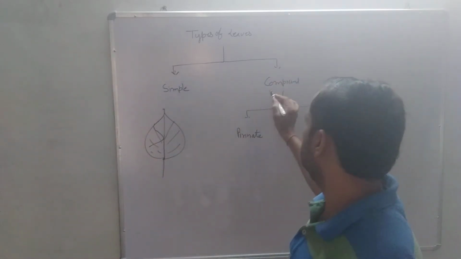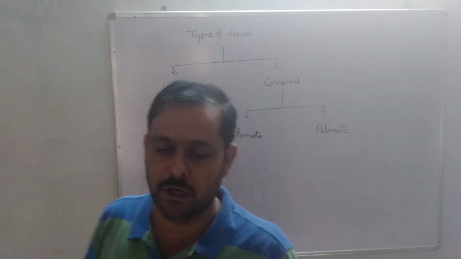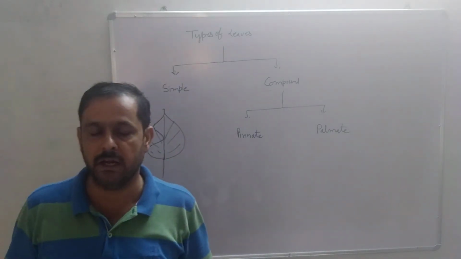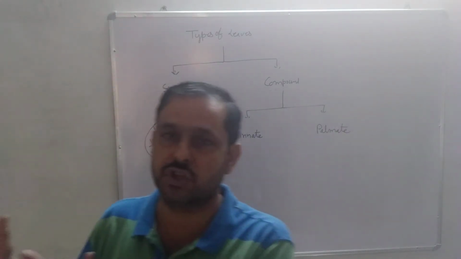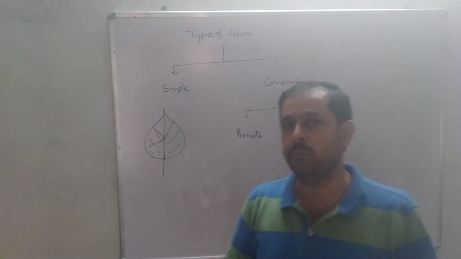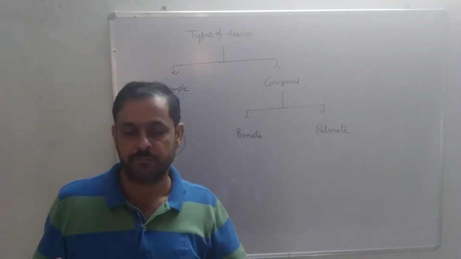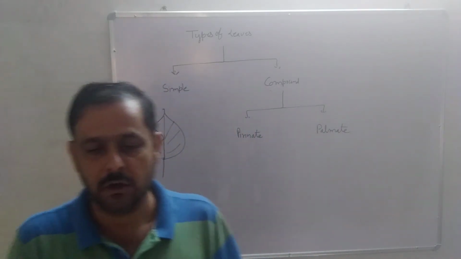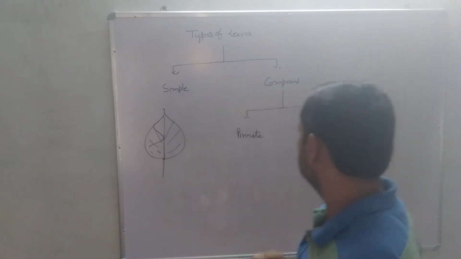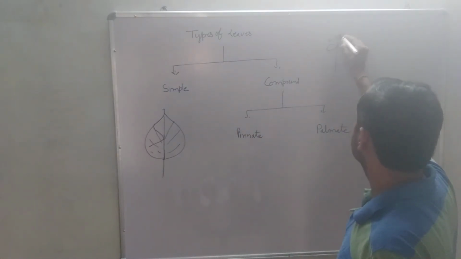Second, compound leaf. A leaf is said to be compound when the leaf blade is divided into several parts or segments called leaflets.